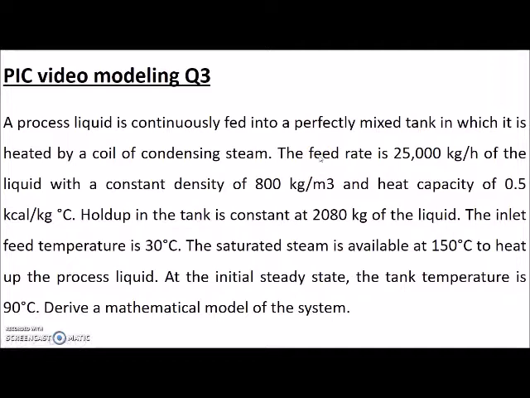The feed rate is 25,000 kg per hour of the liquid with a constant density of 800 kg per meter cube, and its heat capacity is 0.5 kilocalories per kilogram degree Celsius.